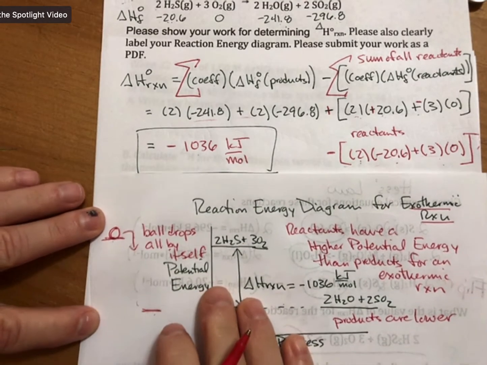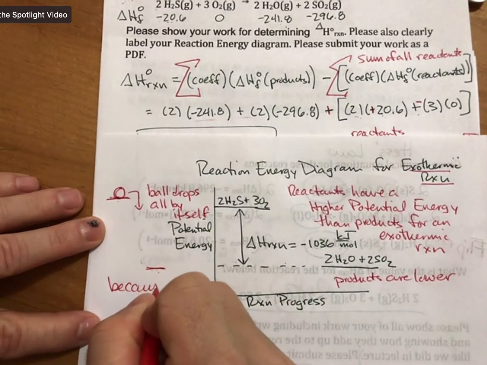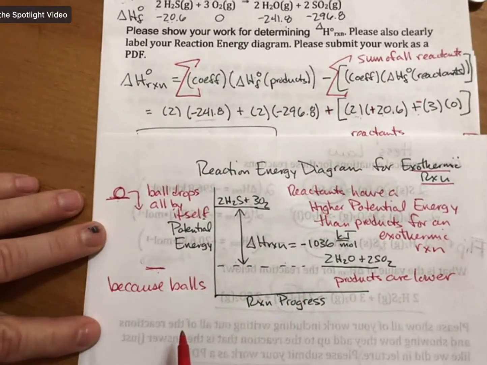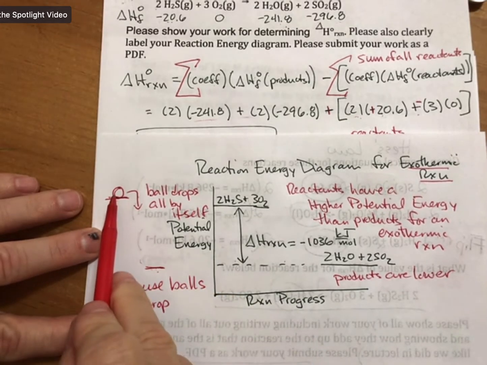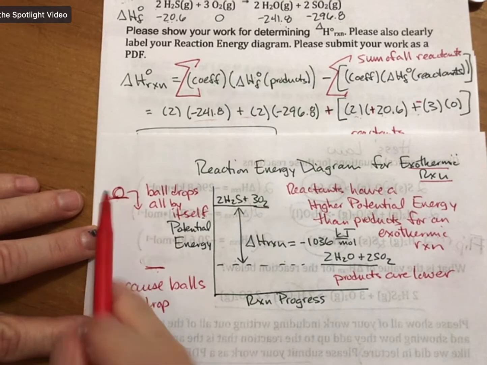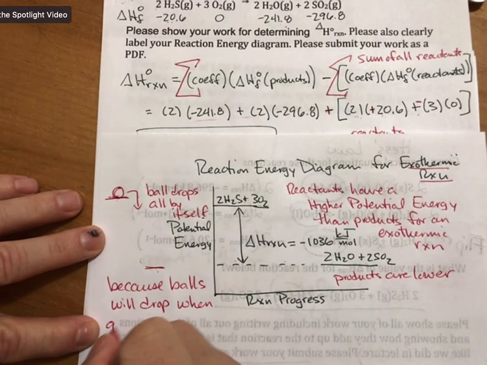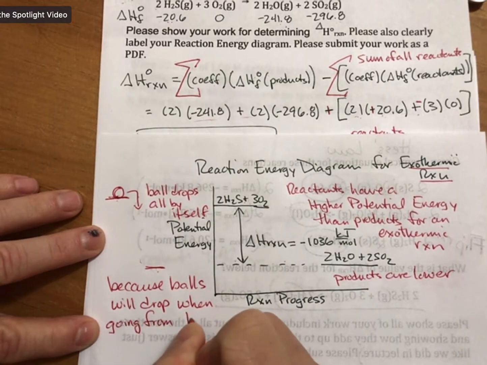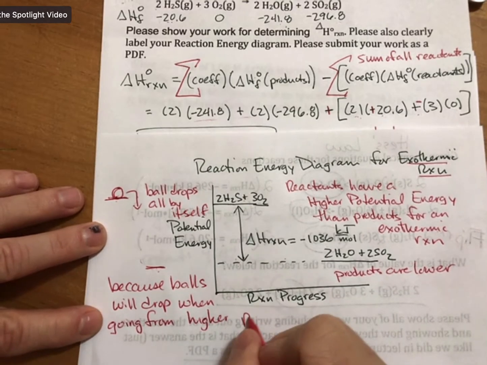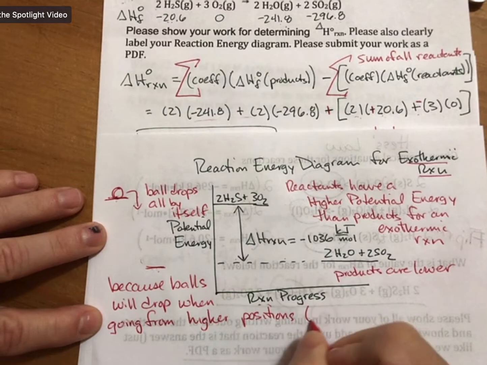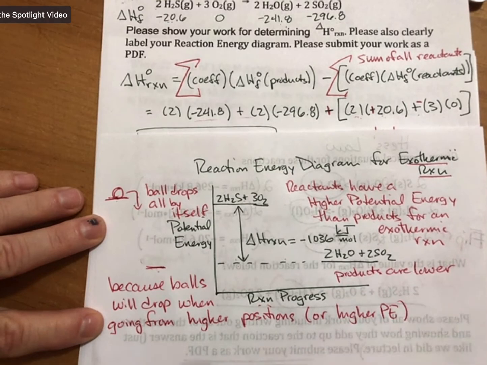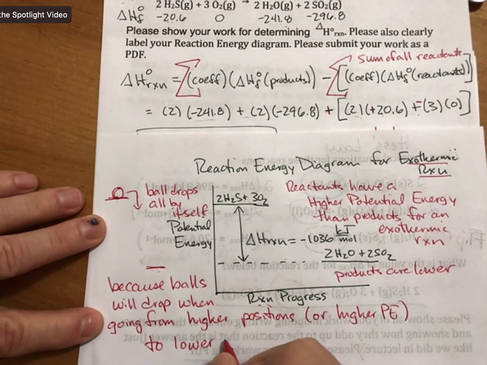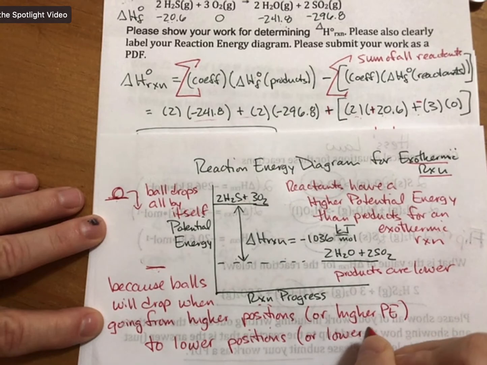That's what I'm going to write down next: balls will drop when going from higher positions or higher potential energy to lower positions or lower potential energy.